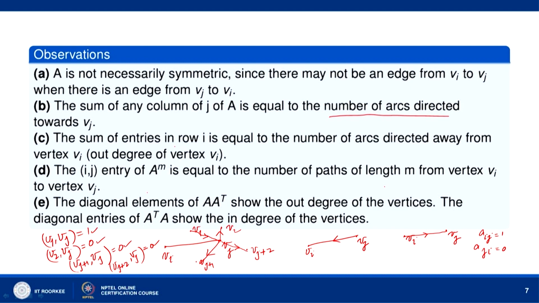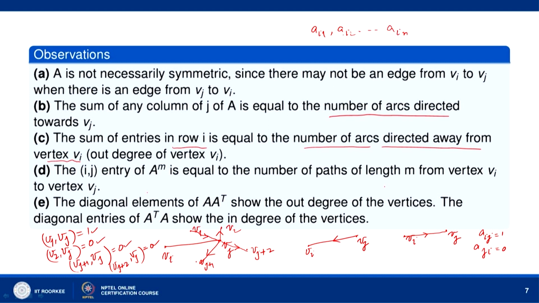Now, the sum of entries in the row i is equal to the number of arcs that are directed away from the vertex bi. Because here, in the row ai, the entries will be like this: ai1, ai2, ain.